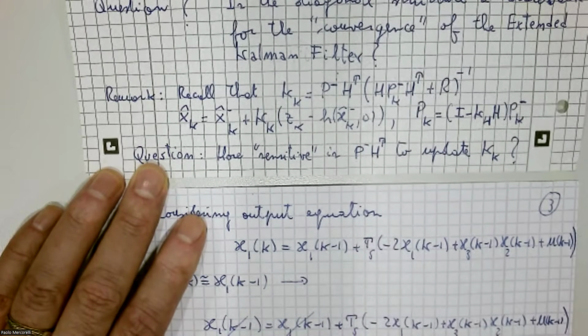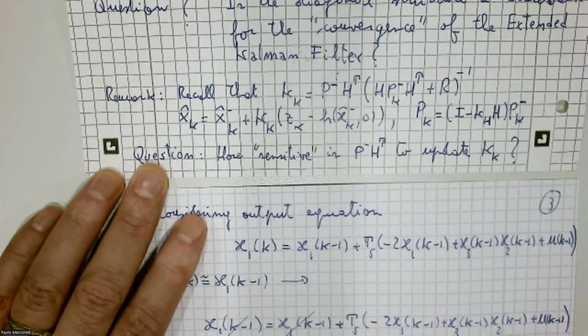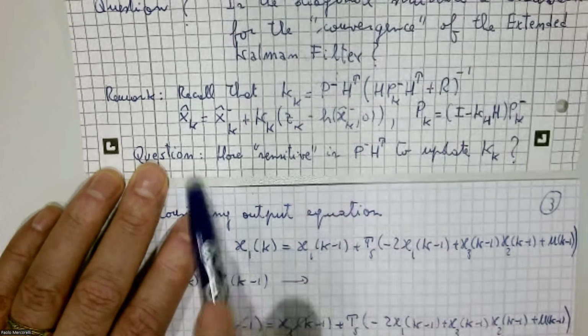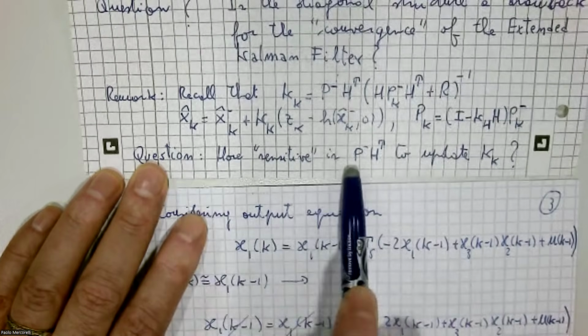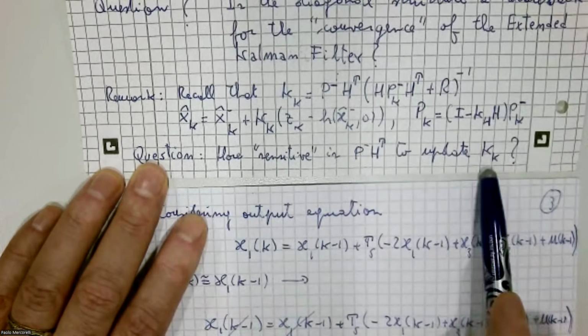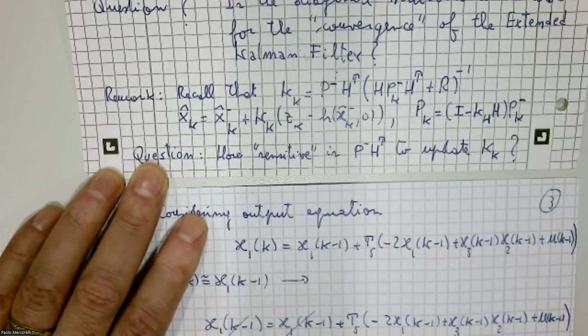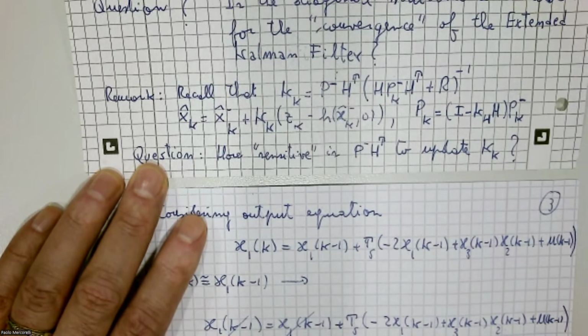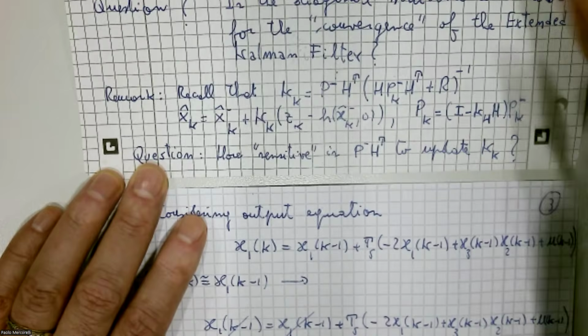This is somehow the kernel of the Kalman filter, because P minus plays an important role in K and so on. Therefore, how sensitive is this element, the Kalman filter, to update K_k? But I didn't tell you about that, therefore I don't want to tell you here.